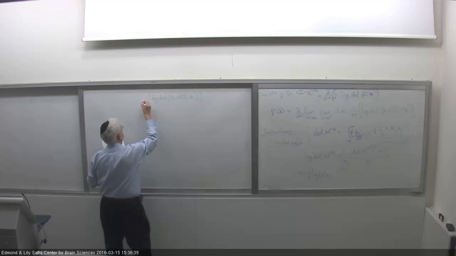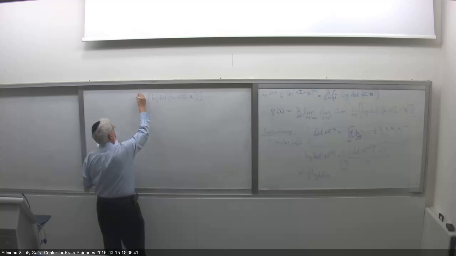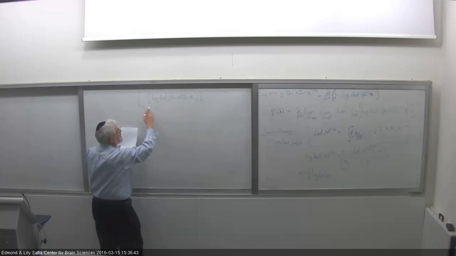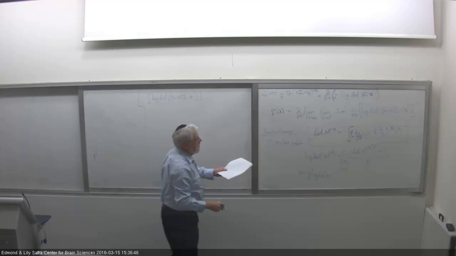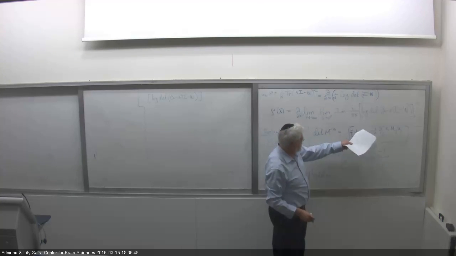Instead of using this, I want to use minus 1/2 to relate it to the Gaussian variable.